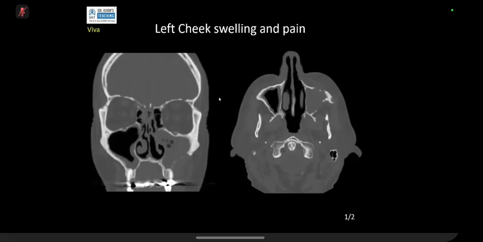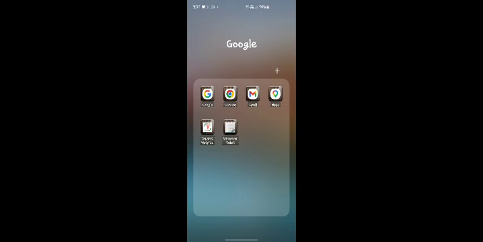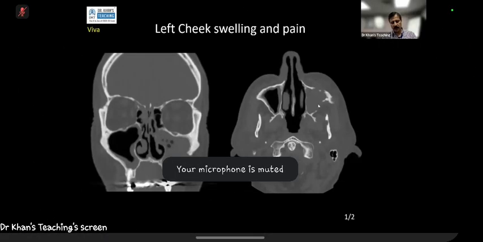There is aggressive appearance in the form of destruction of the lateral wall, and there is a destruction here.